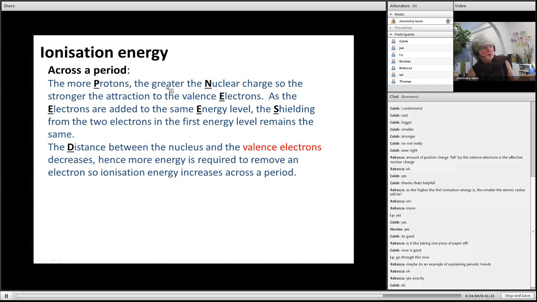But it's probably really because of the effective nuclear charge, or the nuclear charge getting bigger all along. They support each other, but I'd say this is the more important one. But please mention both in the exam. Any questions on across a period for ionization energy? Because I know I'm going quite fast.